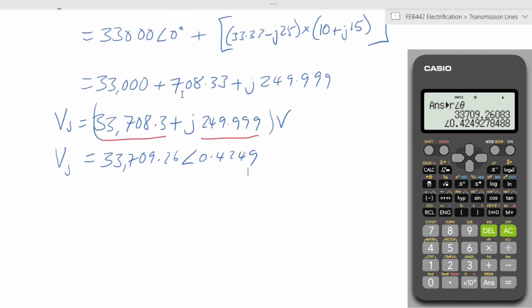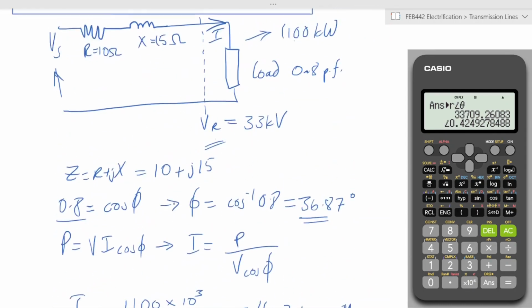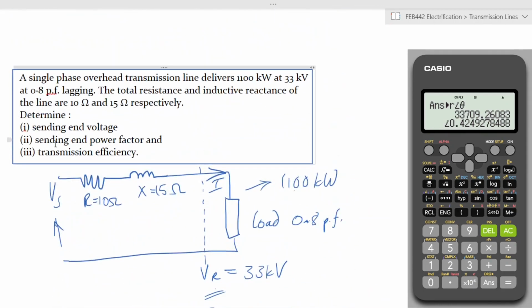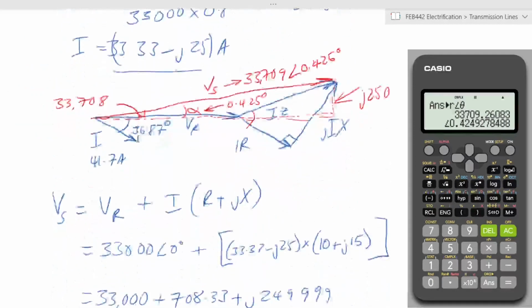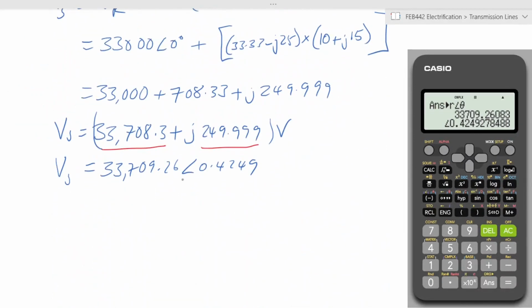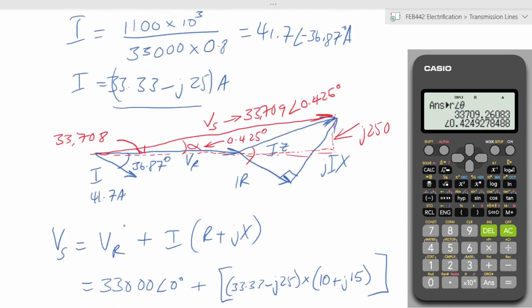Okay. So now the final thing that we need to do is, what is the sending end power factor? So the sending end power factor is simply cos phi s, whereby phi s in this case is given by that.